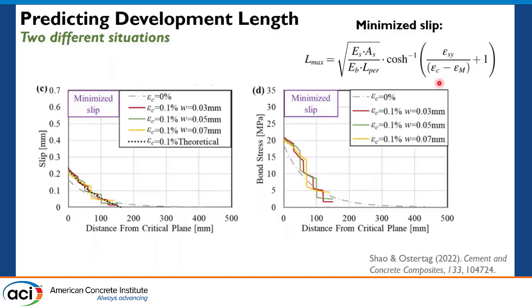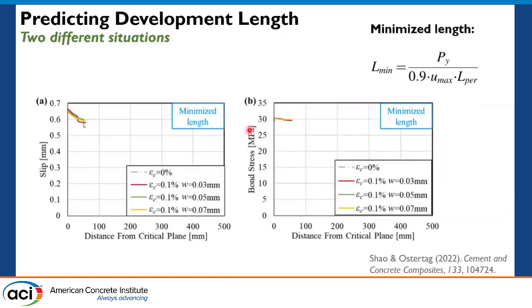And the second situation is about the minimized slip, which can be interesting because to control the cracking, we may want to control the slip of our bar along the development length. So to control the slip, we may not fully utilize the bond strength of our UHPC. So in this case, we'll have a longer development length compared to the previous case of a small bonded length.